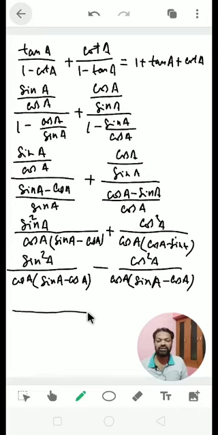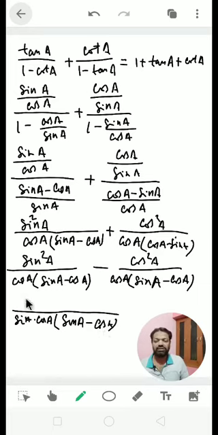So what should be the LCM here? So this is sine A, right, into cos A into sine A minus cos A. So we will see that ultimately it becomes sine cube A minus cos cube A.